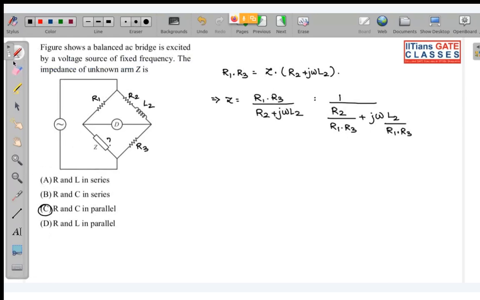Now, two things you need to remember. What is L by R? Time constant, you are telling me. Okay, time constant. And what is RC?